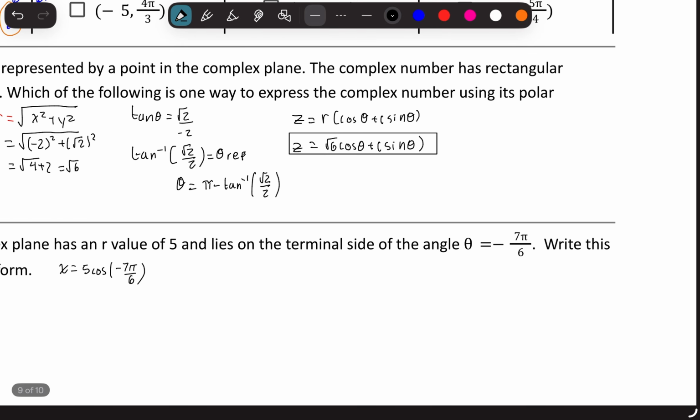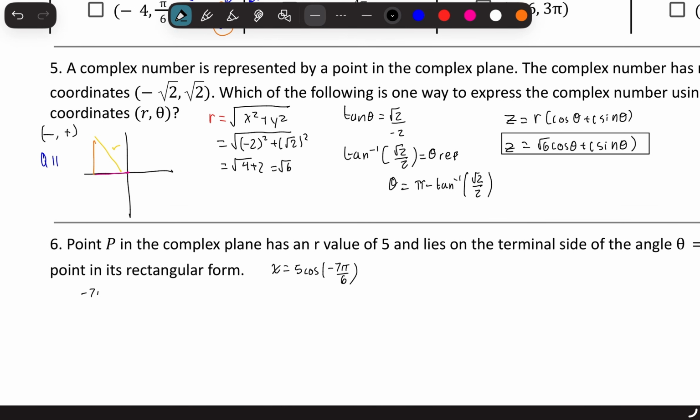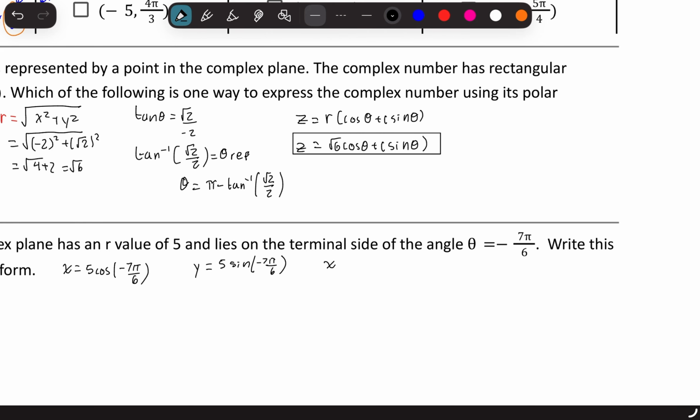So instead of using negative 7 pi over 6, you can use 5 pi over 6. But in case you want to use the negative angle, I'm going to do it with both.